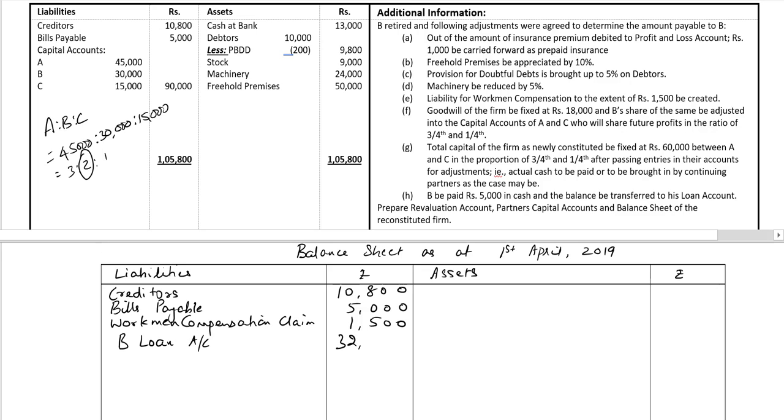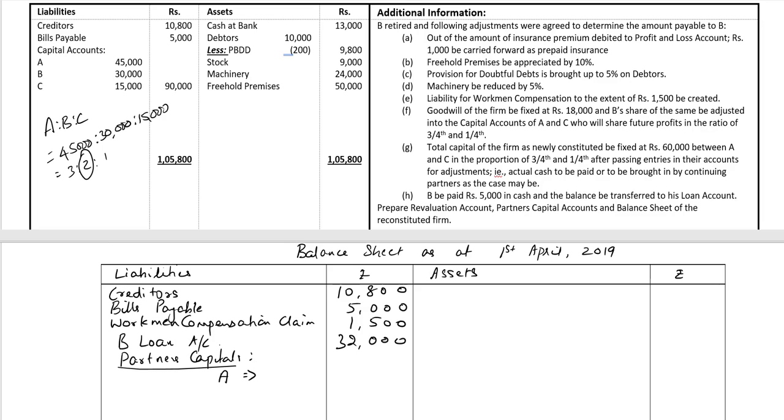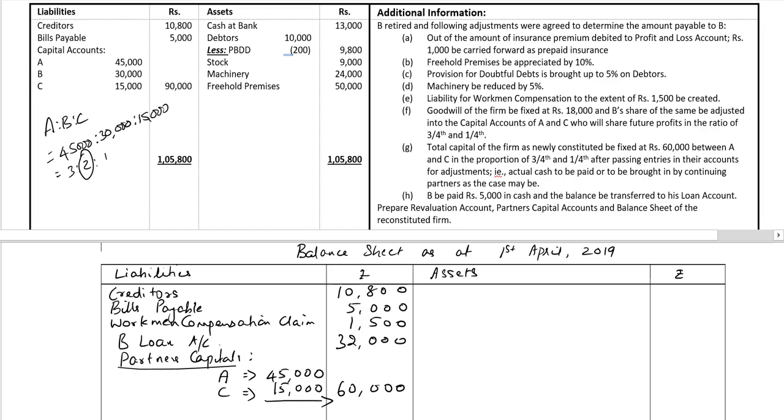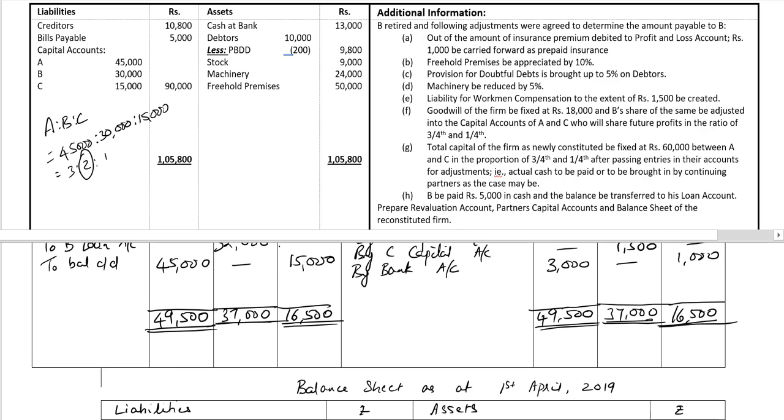So that's 32,000 rupees. And the capital accounts, partners' capitals. In the case of A, the capital was 45,000 rupees, the new capital. And in the case of C, the new capital was 15,000 rupees. 60,000 total. We get this from the capital accounts, the balance carried down, 45,000 and 15,000.